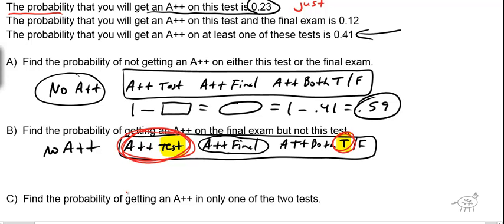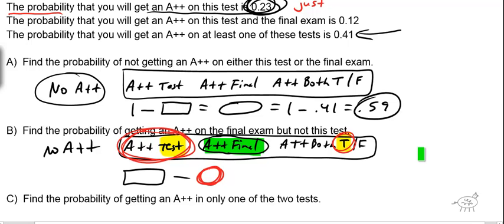If I take the rectangle and I subtract the probability of getting a test, it's going to be basically the rectangle minus the 0.23, minus what I have in red, minus this. That gives me just this, A++ in just the final. Does that make sense?